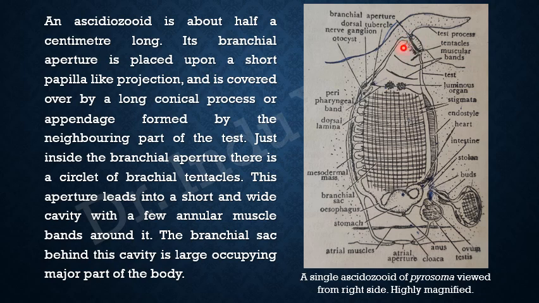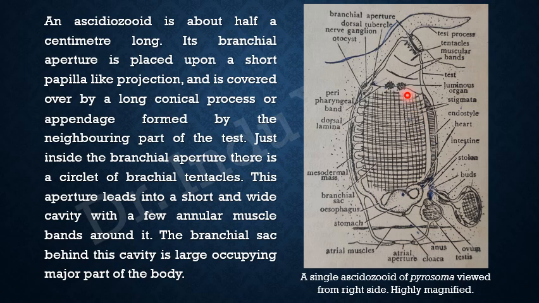After the branchial aperture, we can see a narrow cavity, which has muscular bands. This cavity is present before the pharynx, so you can say it is a prebranchial cavity, and the branchial cavity covers most of the space inside the animal.